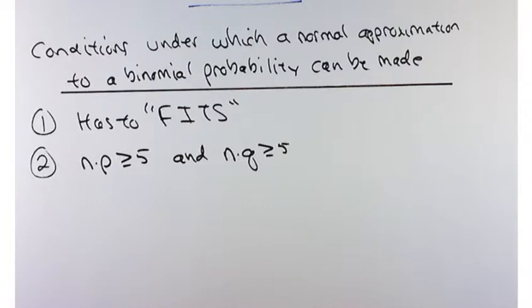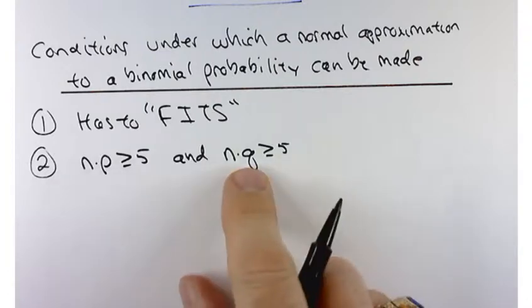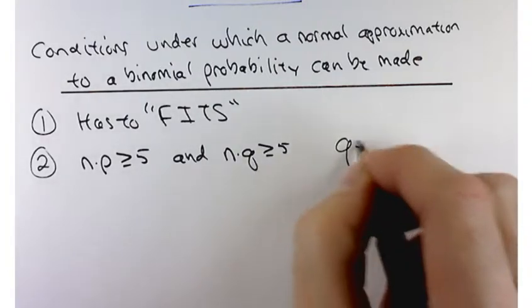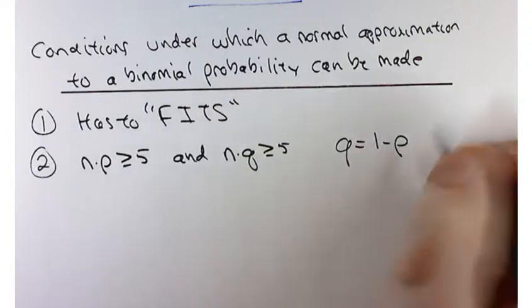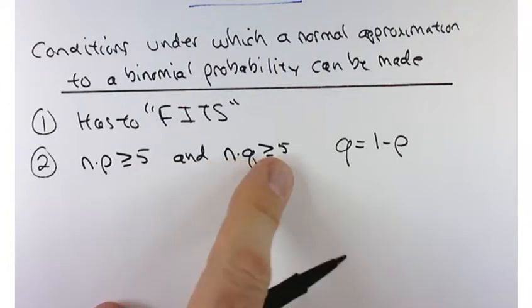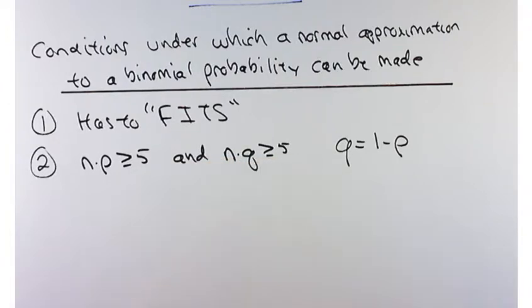It's how many successes you expect, at least 5. N times q, now remind me, what's q equal to? 1 minus p. So if this is the number of expected successes, this is the number of expected failures. Both have to be at least 5 in order for this approximation to work.